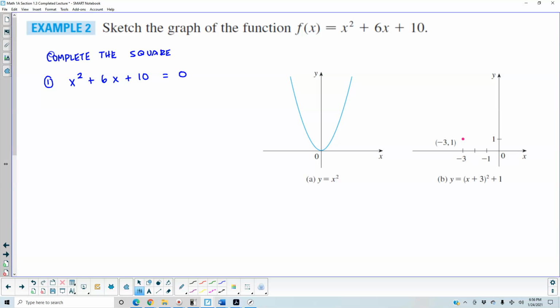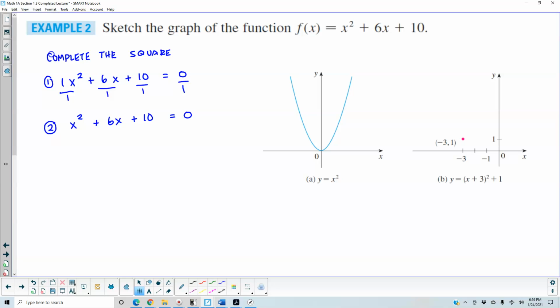Now the leading coefficient is a 1, so if we divide everything by 1, then we're still going to end up with x squared plus 6x plus 10, which is equal to 0.